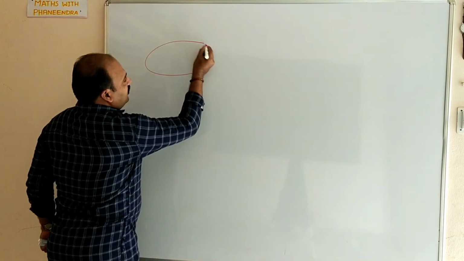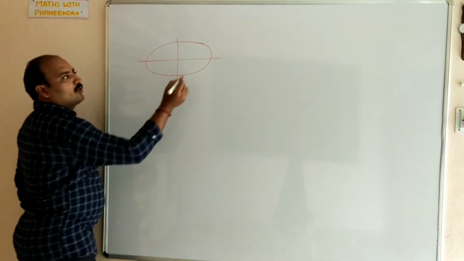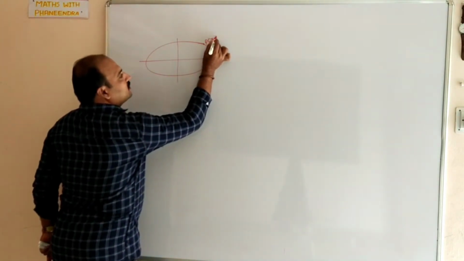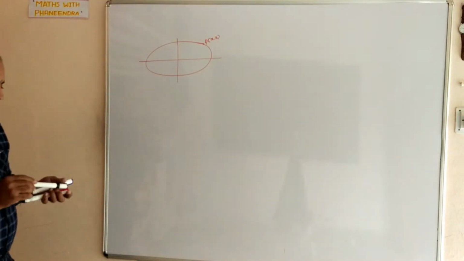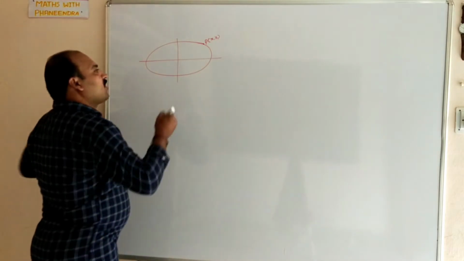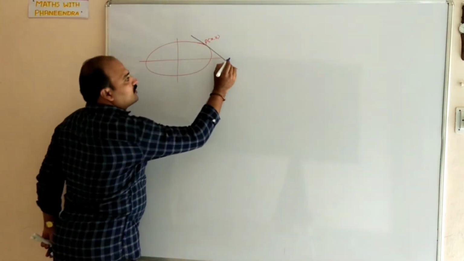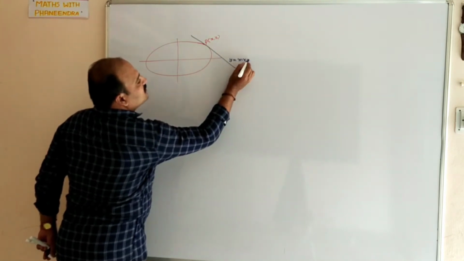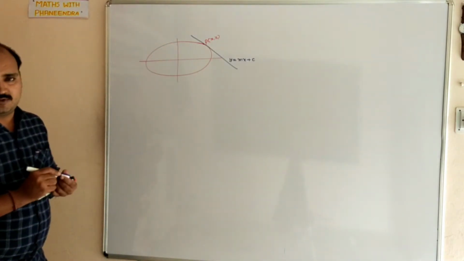This is the equation of the ellipse. Here let p of x1 comma y1 be any point. Suppose a line y is equal to mx plus c is touching this ellipse.